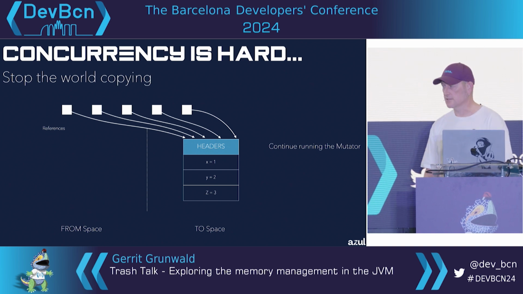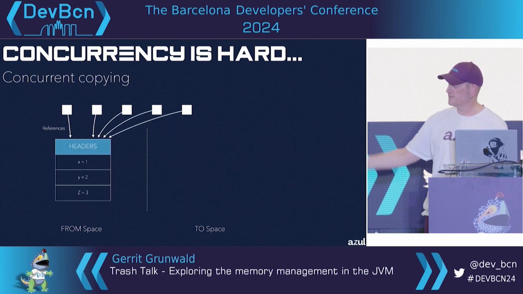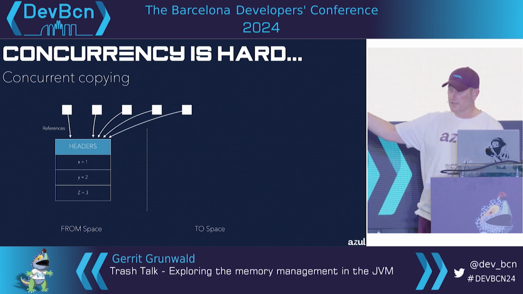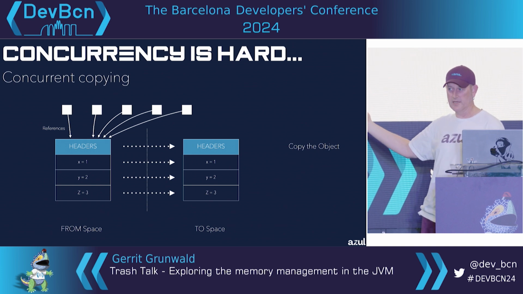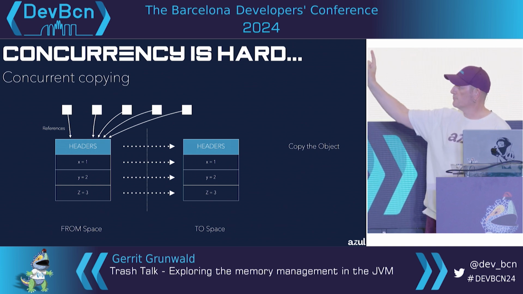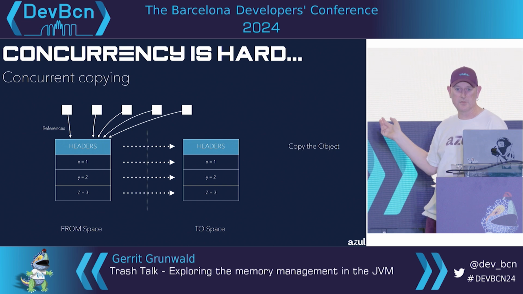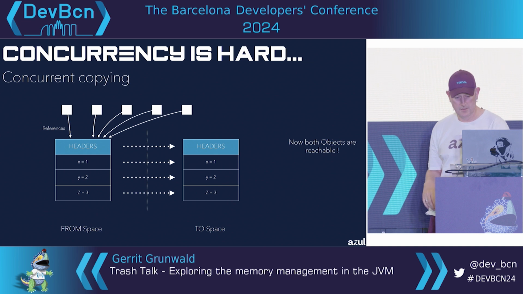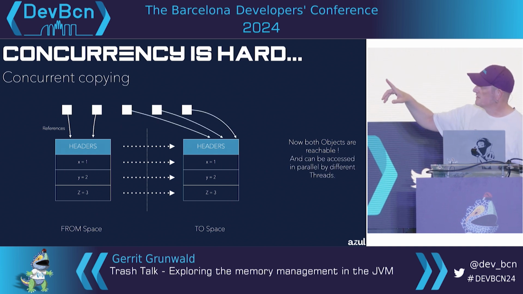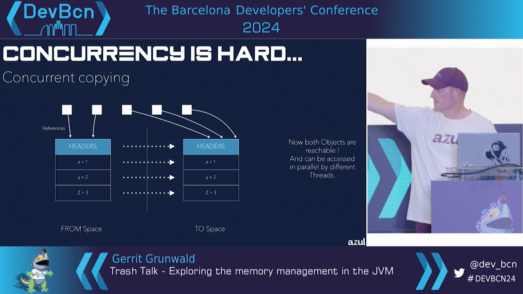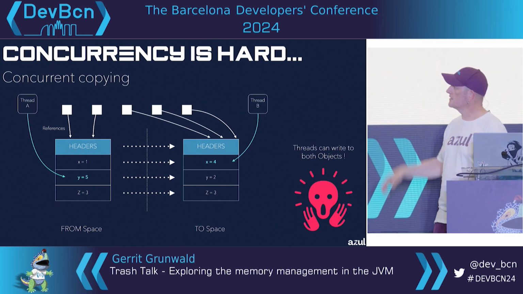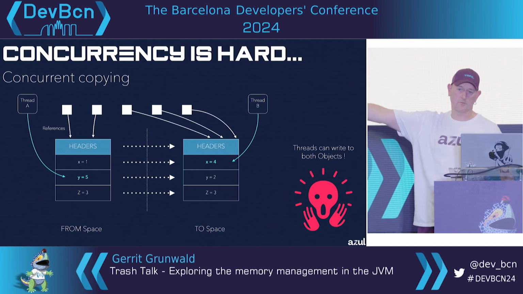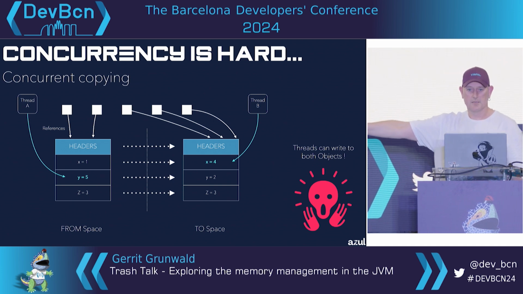If we do that concurrently, it's a little bit more complex, because then what happens is, same thing. We have the object, we copy, but now we didn't stop the world. That means both objects are suddenly reachable in memory. If we now start updating references here, right, then it means, oh, this is reachable there, and the other one is reachable there, and if threads start to write stuff into the objects, one will write here, and the other one will write there, right?